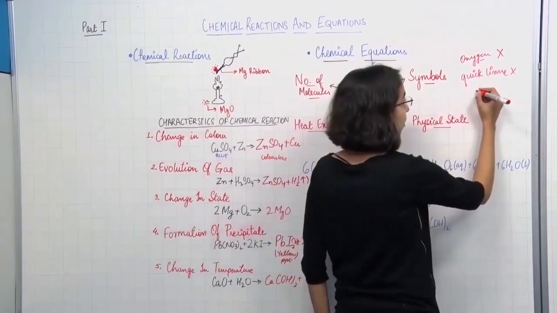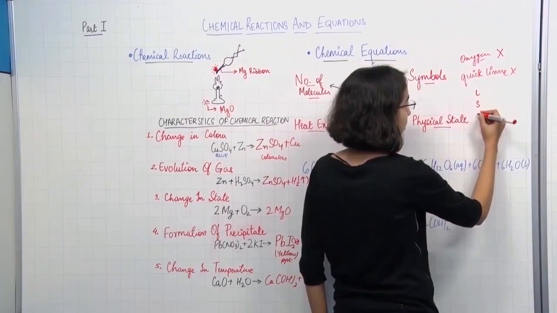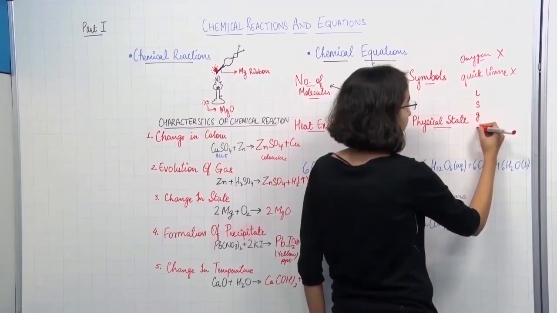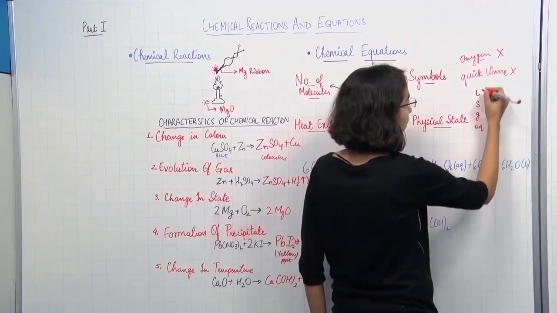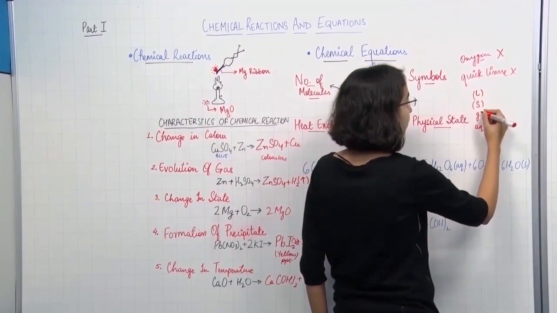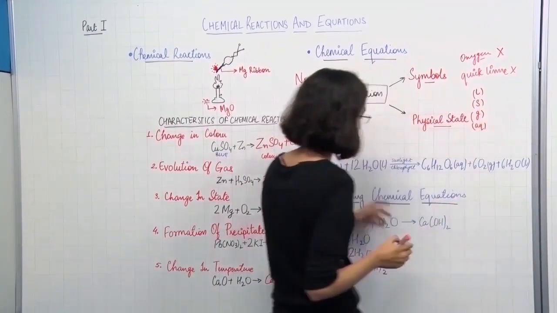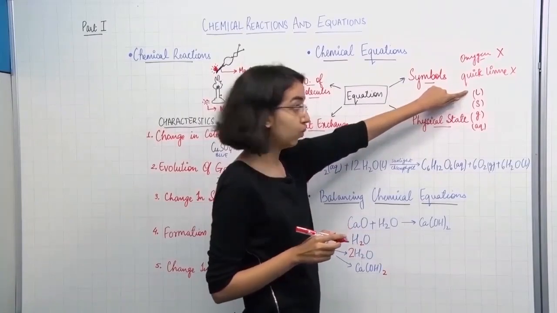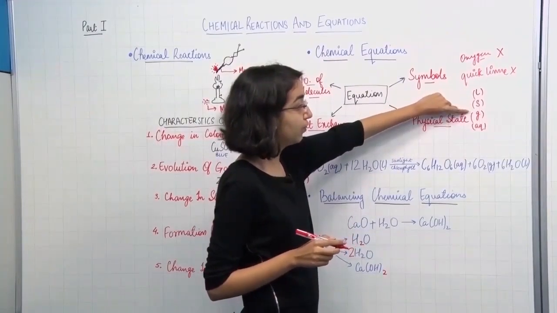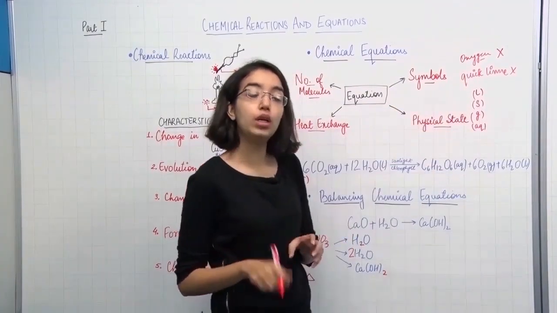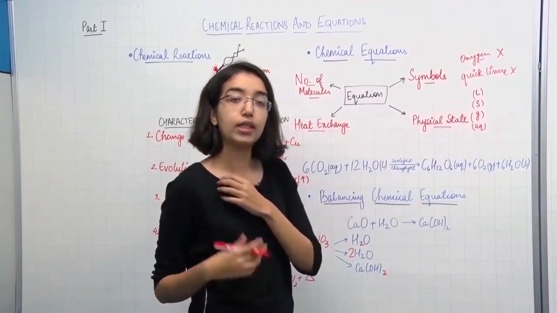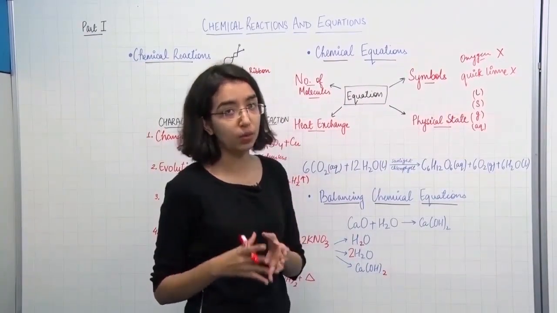It is denoted by these symbols, put in a bracket at the end of every element. L suggests liquid, S for solid, G for gas. Aqueous means a solid which is dissolved in water, so it is an aqueous solution of that given compound.